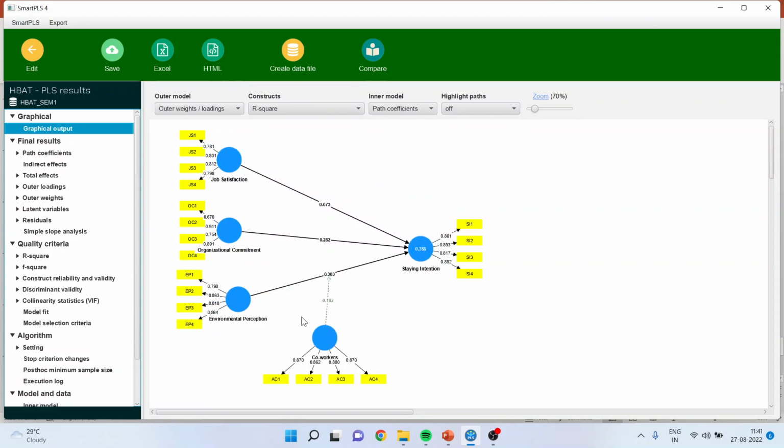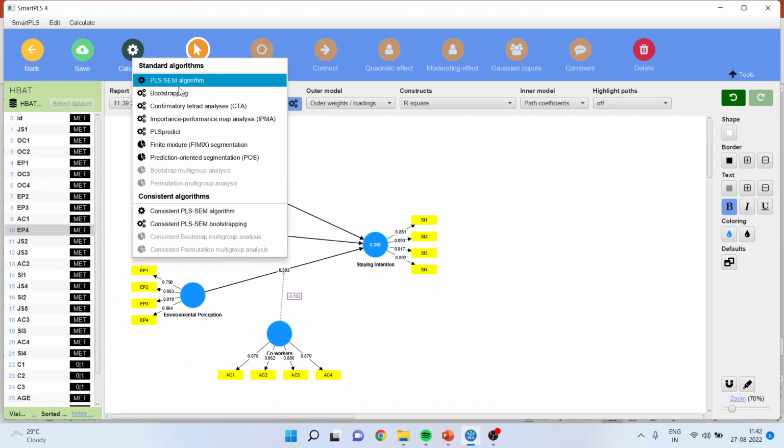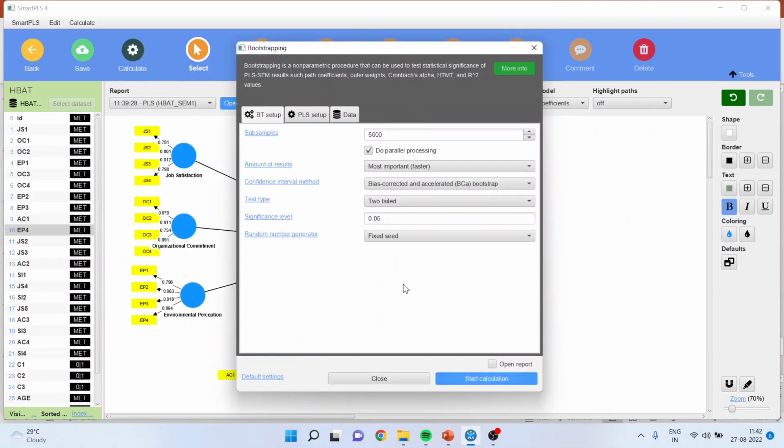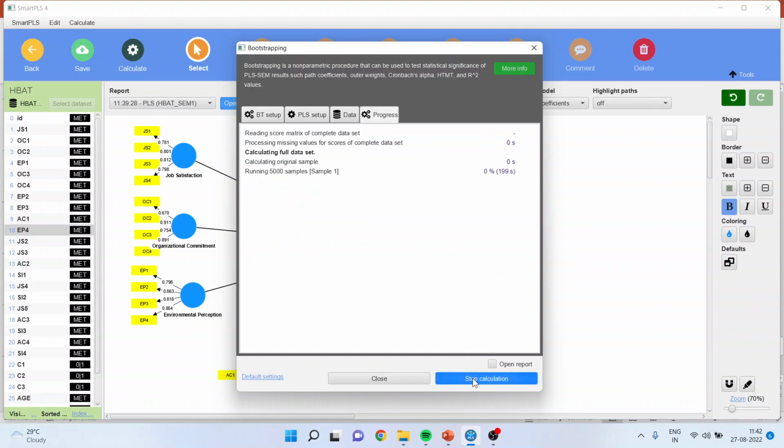If you don't get the p-value, we are at present in the PLS menu and therefore the p-values are not there. We will go in calculate and run the bootstrapping to get the p-value, to see whether the moderating effect is significant or not. Make sure that you activate the bias corrected and accelerated BCA bootstrap. Start the calculation.